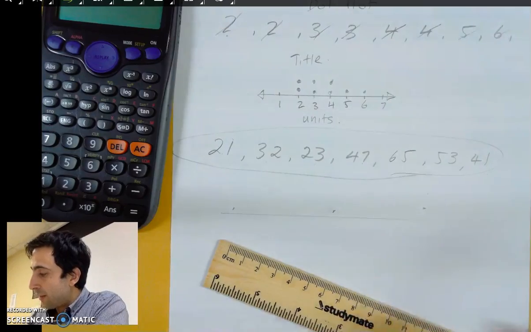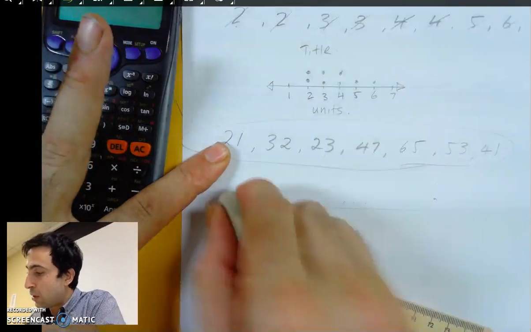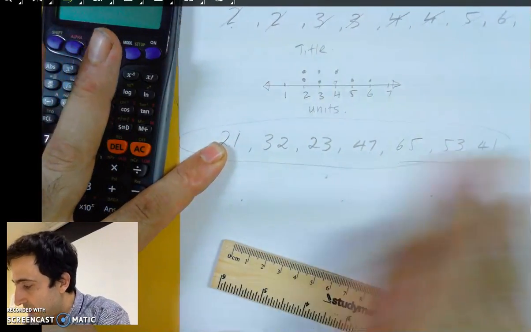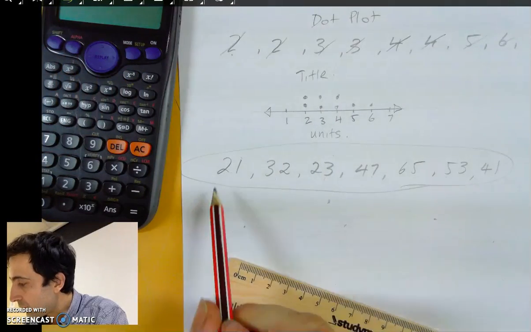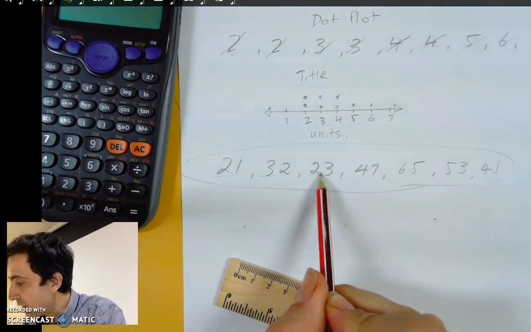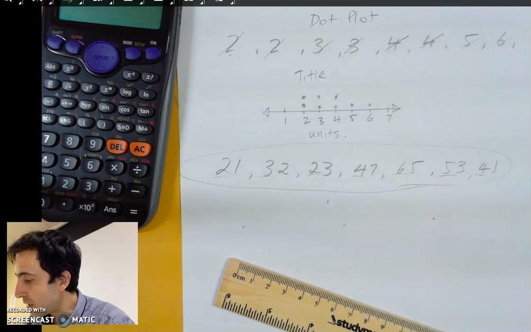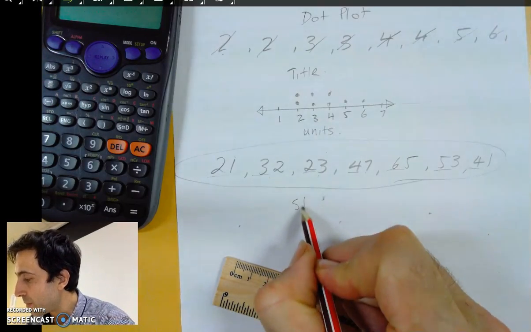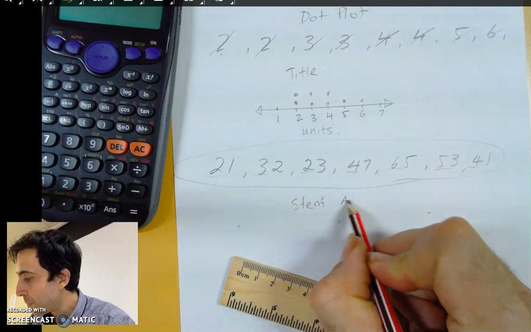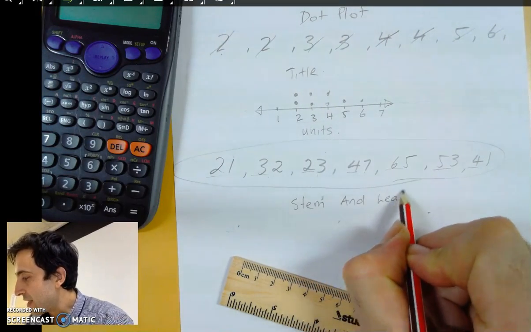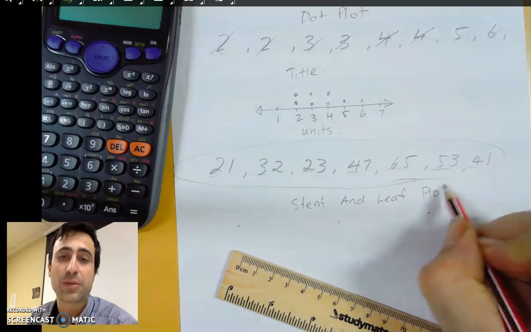So for this sort of data, where there's a common tens, or at least the tens are grouped together, we can use a stem and leaf plot. And it doesn't have to be just the tens, it can be the hundreds, the thousands.